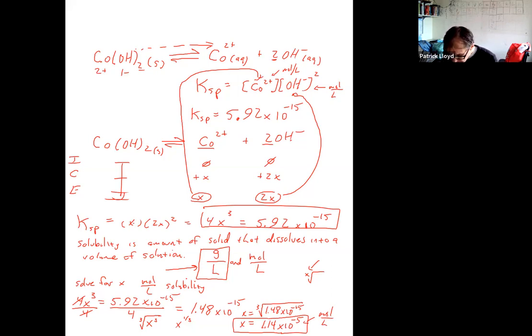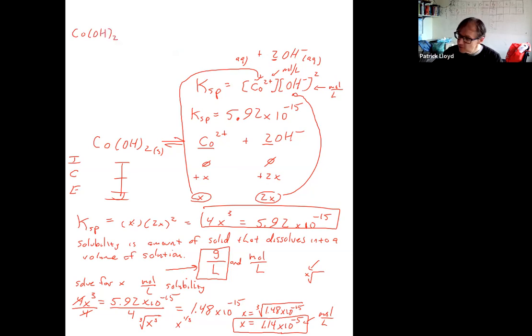So the only thing that we have left to do is to convert this to grams per liter. I'm going to do that up here, so let me erase all of this just so that we have room. Now what we need to know is how do we convert from moles per liter to grams per liter?